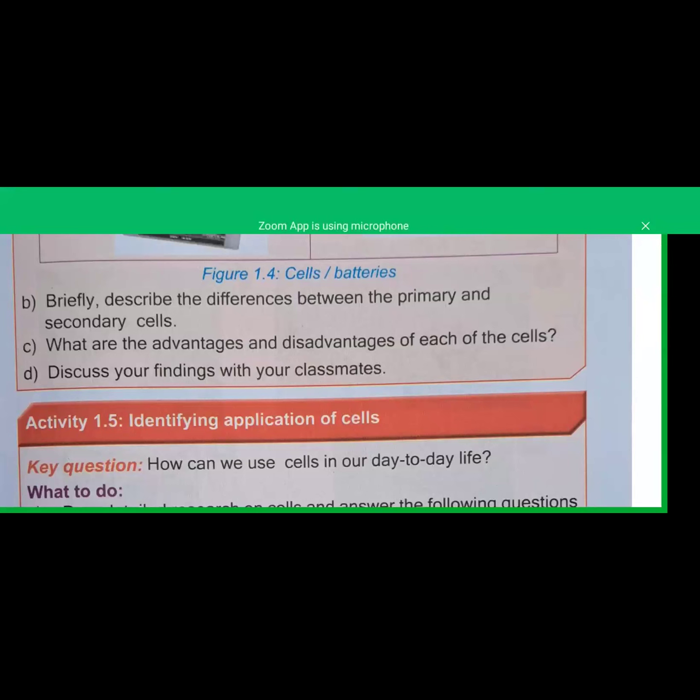Primary cells, let me begin with the disadvantages. Primary cells are not recharged in case they are used up according to their power.